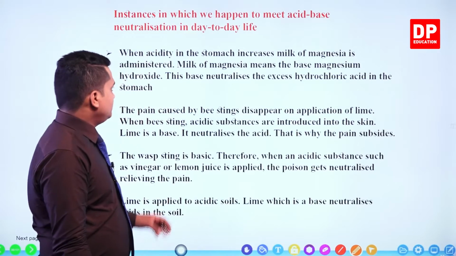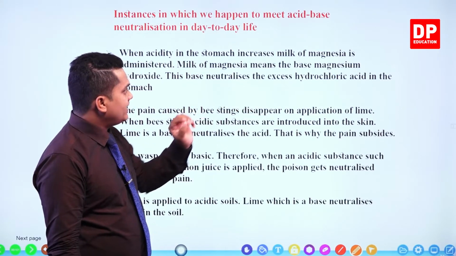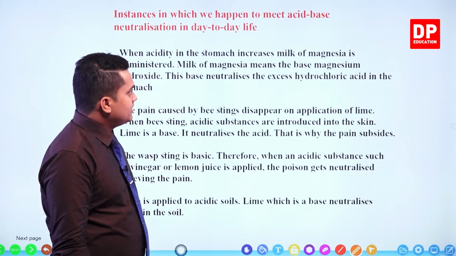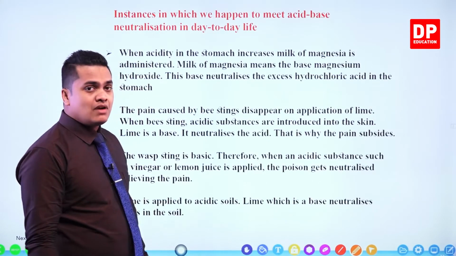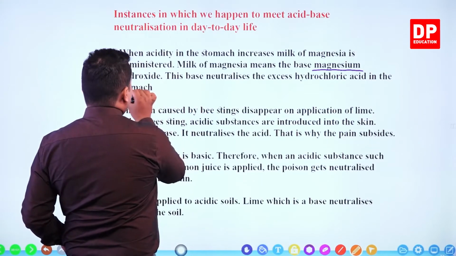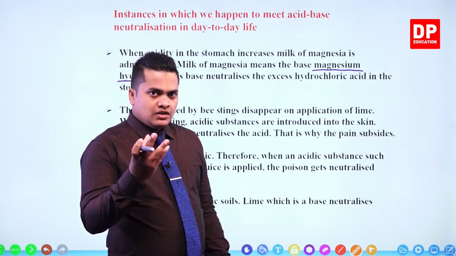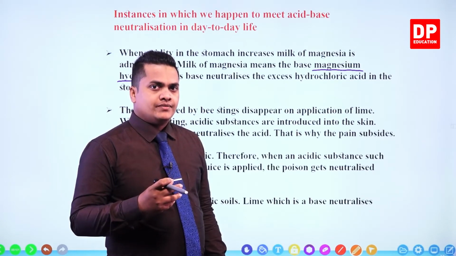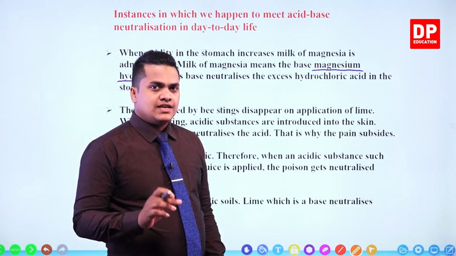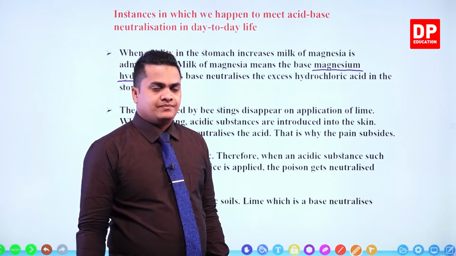Number 1, when acidity in the stomach increases, milk of magnesia is administered. Milk of magnesia means the base magnesium hydroxide. Milk of magnesia is a special type of medicine. It's a white color liquid, right? You are given milk of magnesia to get some relief from gastroacidity.